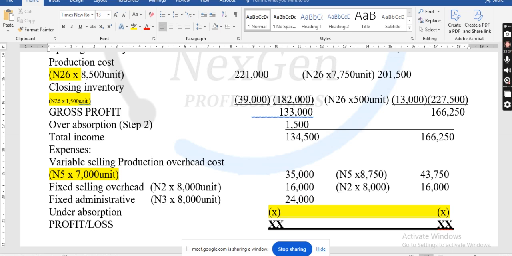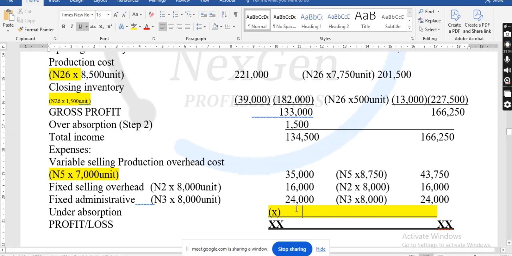You still have the same 24,000, unless the fixed administrative overhead per unit changes in February. Don't forget that your fixed cost per unit varies. It is just the total fixed cost that remains fixed. Don't forget, we are under the cost estimation. So this will be 24,000, right? Now the last one is we've done the over and under absorption.